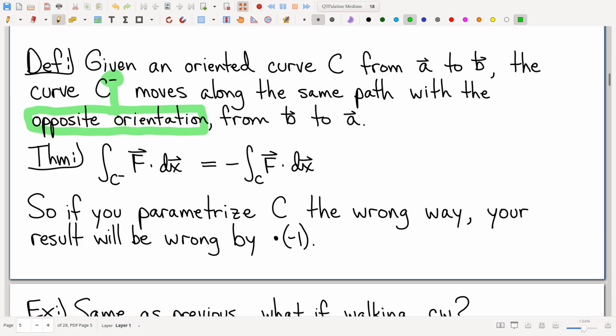That little superscript means turn around and go the other way. Is that cool? And then the punchline of the theorem is that if you do go the opposite direction, the value you get will be wrong by a factor of -1. Does everybody see how this is just writing down in a more explicit way what we already talked through? Okay.